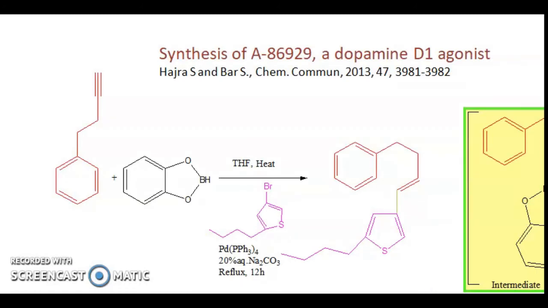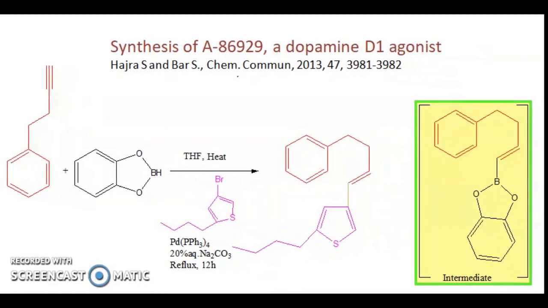Similarly, we have another compound called A86929. This was published in 2013. It's a recent research. This particular compound is a dopamine agonist. Here you can see this aryl alkyne compound, and we have the boron compound.